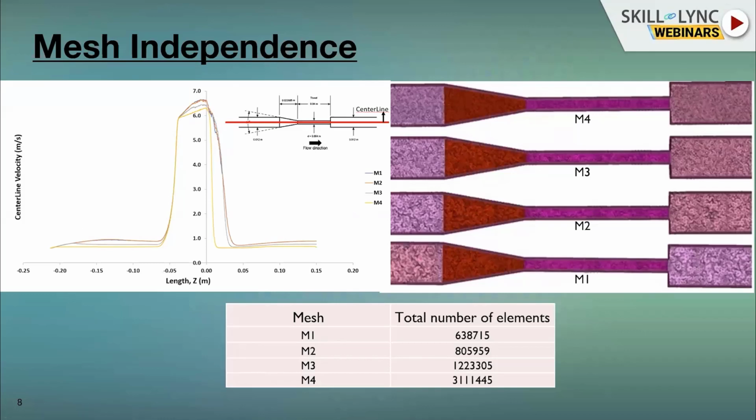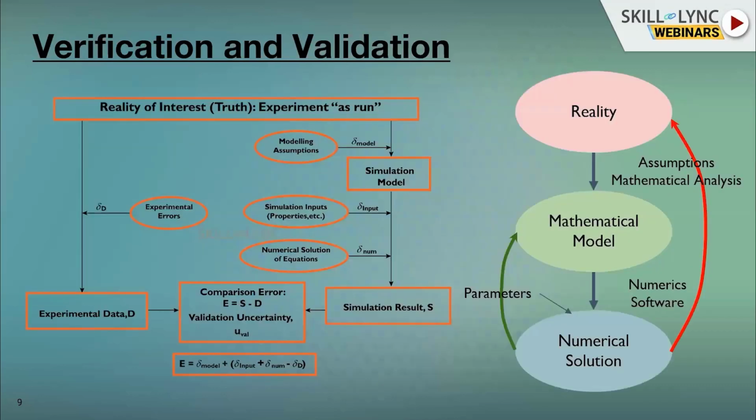If you are comparing two or three meshes, you should get the same velocity profile for all the meshes. Accordingly, you should choose that mesh for the studies. That is one thing every CFD engineer should be aware of, and you should confirm it before starting any big project. So that is one part.